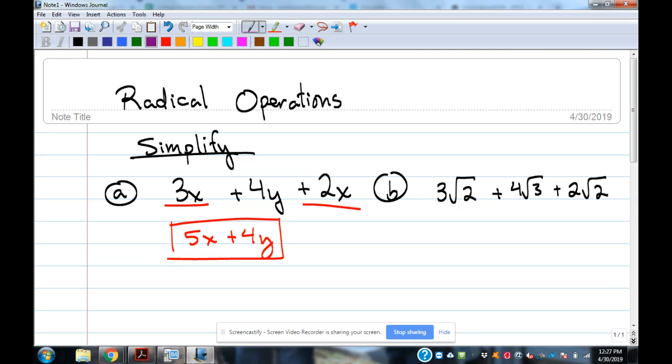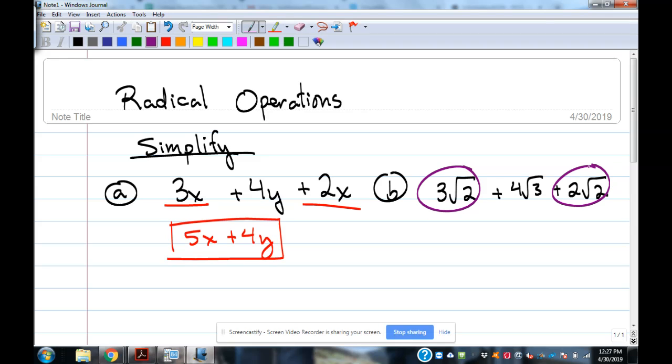Well, they're not all like terms. Which ones are alike? The 3 radical 2 and the 2 radical 2. They have the same square root on them, right? That's what makes them like terms. The radical 3 is not like that. So the like terms are these two.